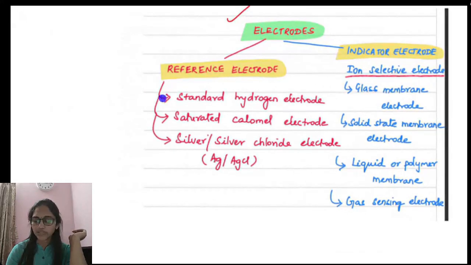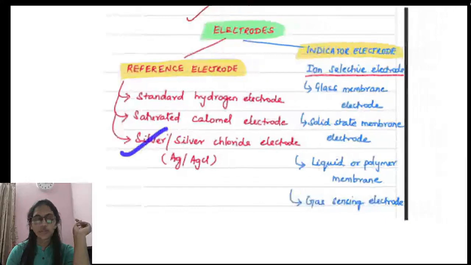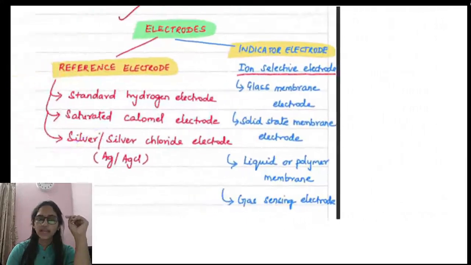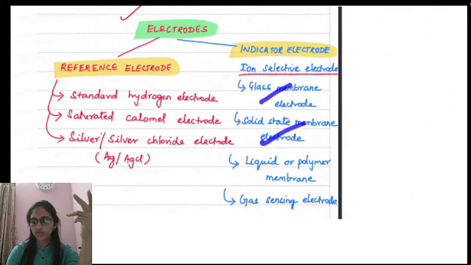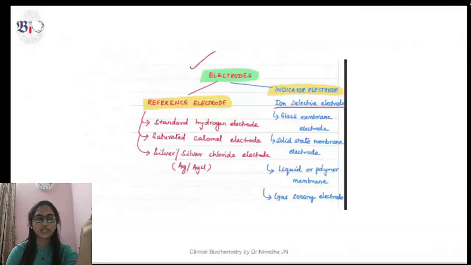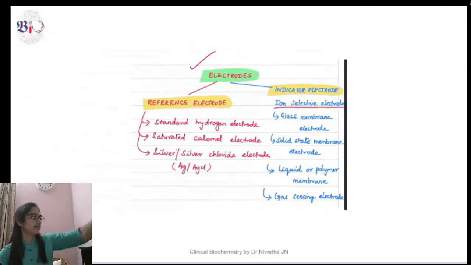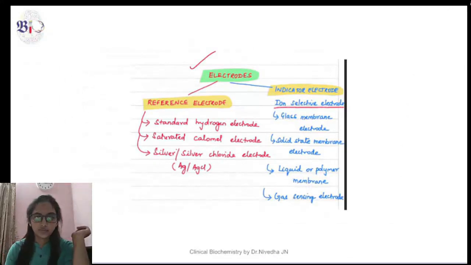Reference electrodes are the standard hydrogen electrode, saturated calomel electrode, and silver chloride electrode, right? And indicator electrodes are ion selective electrodes. They can be further glass membrane electrode, solid state membrane electrode, liquid polymer membrane electrode, and gas sensing electrode. Yes, so these are the different types.